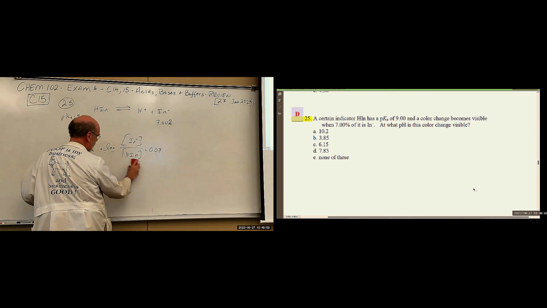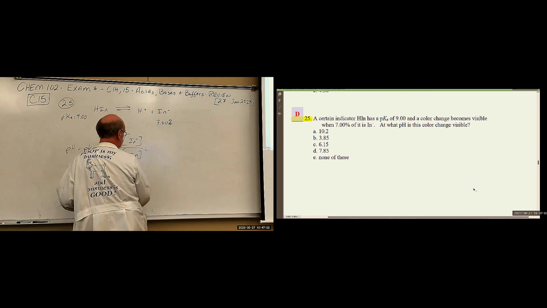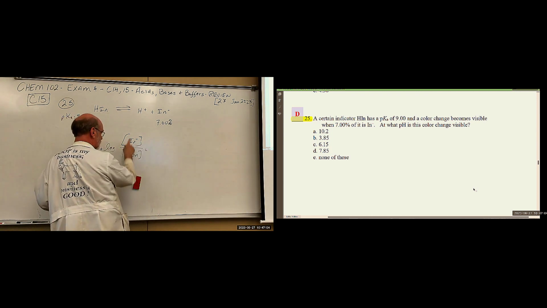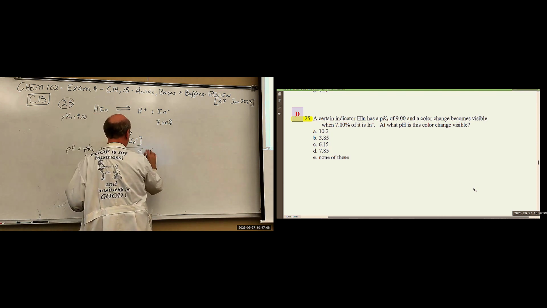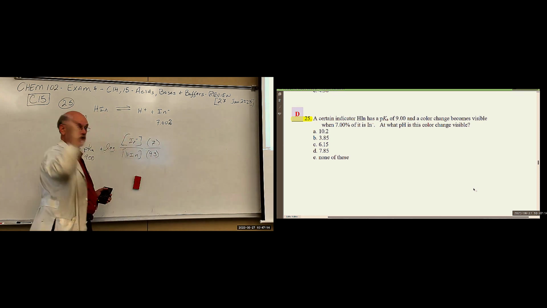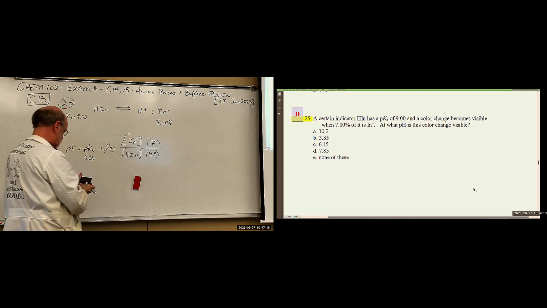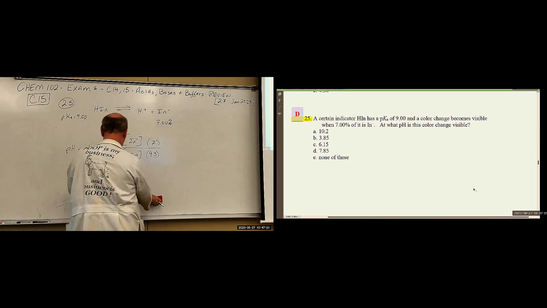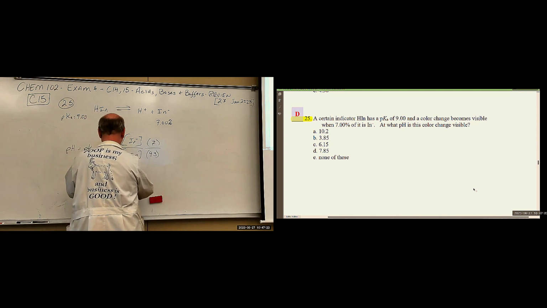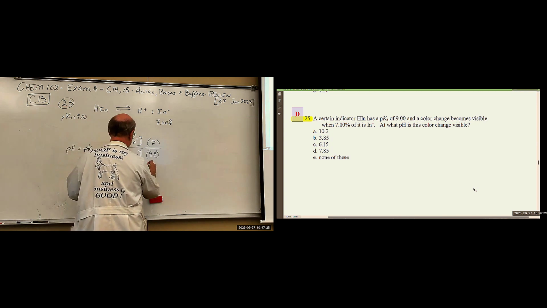If we say, all right, if 7% of it is in this form, then 93% of it is in that form. So this would be 7 divided by 93. That's what's left over. So what would that do? 7 enter, 93 divided. This would be 7.53 times 10 to the minus 2.